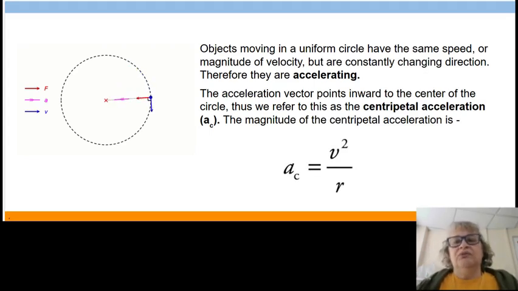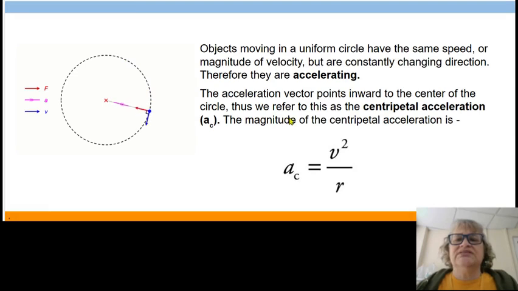Objects moving in a uniform circle have the same speed, or magnitude of velocity, but are constantly changing direction. Therefore, they are always accelerating. Even though the speed of this object is exactly the same all the time, because it's changing its direction, it's always accelerating. The acceleration is pointing inward, to the center of the circle.